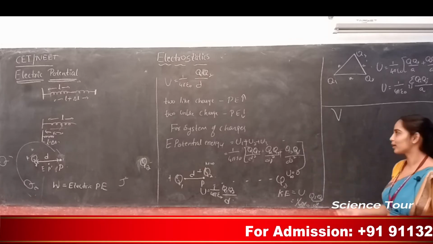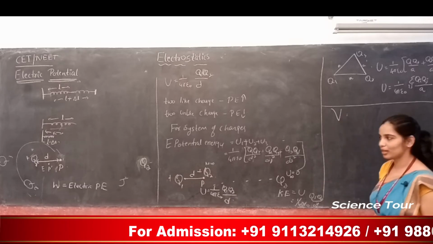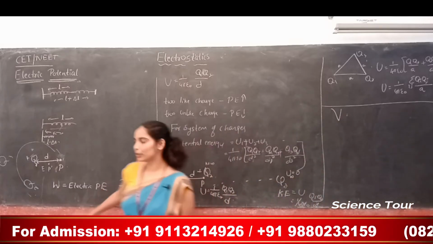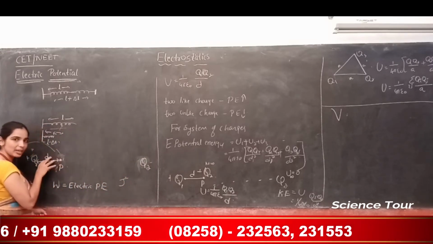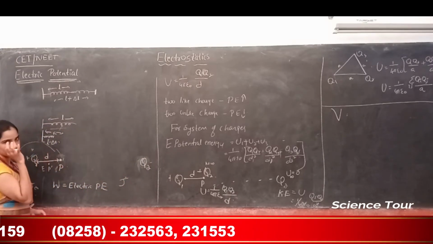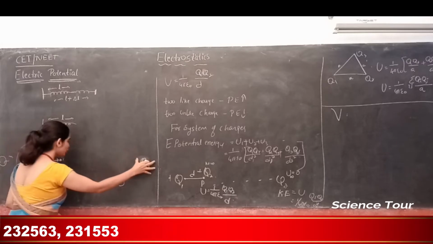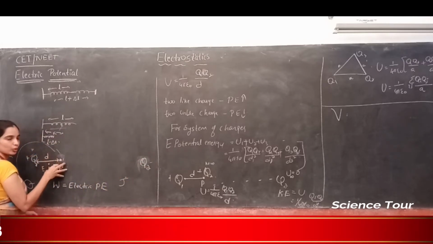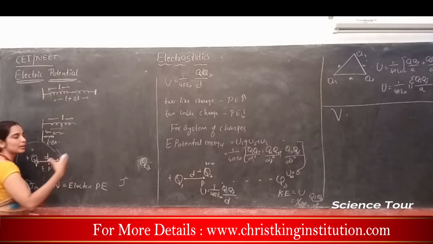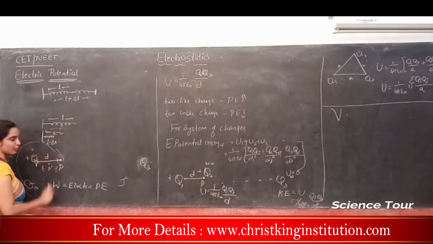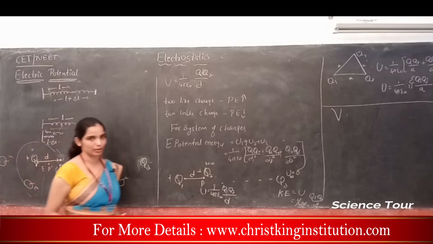What is electric potential? See, electric potential energy is the amount of work done in bringing a charge from infinity to a point in any electric field. Correct? Bringing Q2 into the electric field of Q1, the work done is nothing but the electric potential energy.